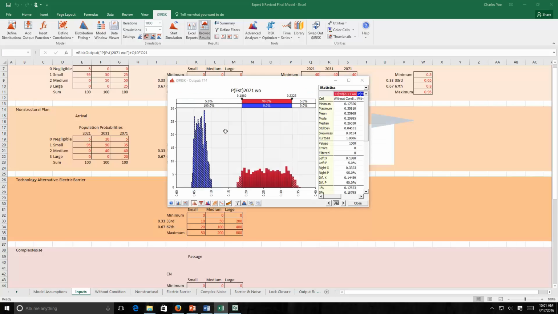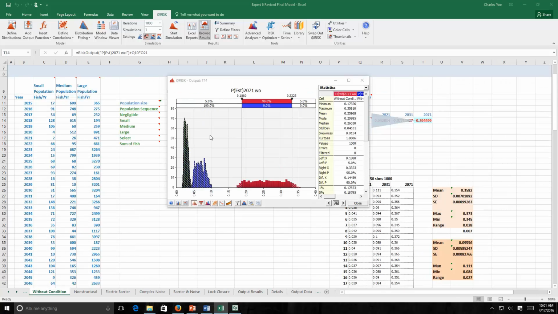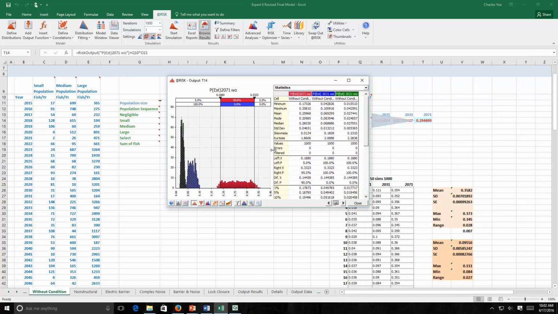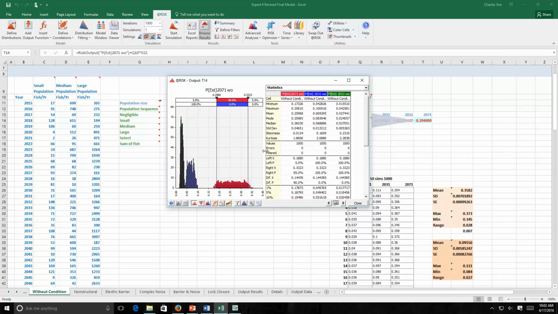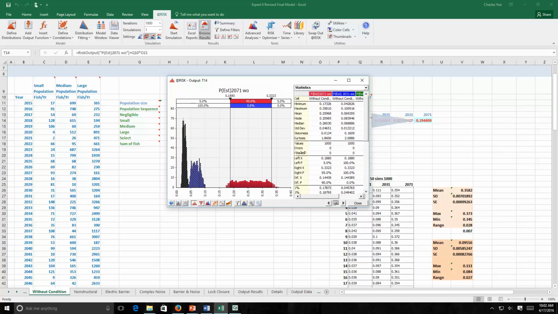And this will give us a picture of what the probability of establishment is. So there is some chance that Asian carp could become established in the Great Lakes even before the non-structural plan is implemented. But that's relatively small. And keep in mind, you can always look at the numerical summaries by manipulating your graphic here.